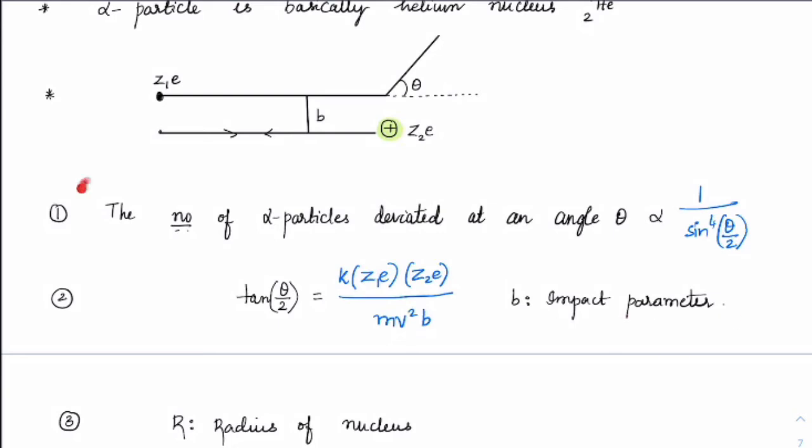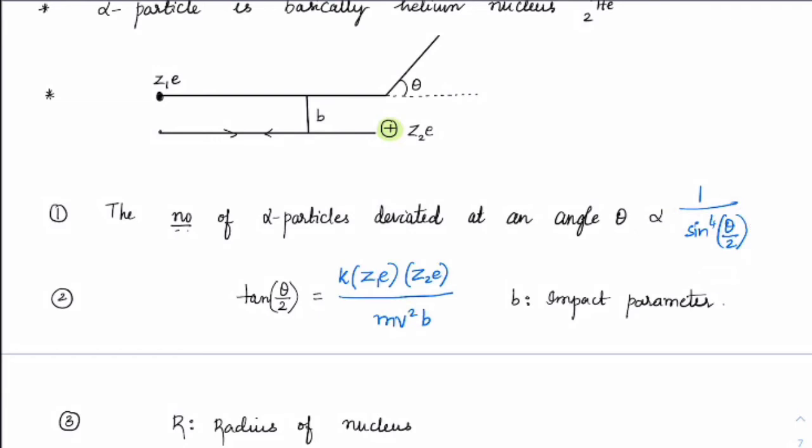So in JEE this was directly asked as a problem. So if you come across this in your exams, be prepared with this. One, what is an impact parameter? How do we get the tan theta part here? And how do we get the number of alpha particles deviated with an angle?